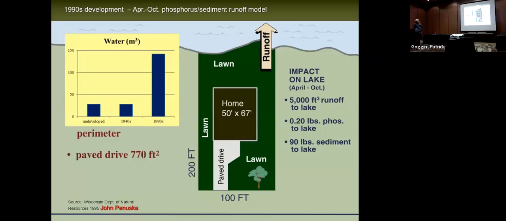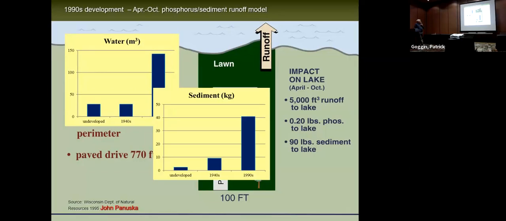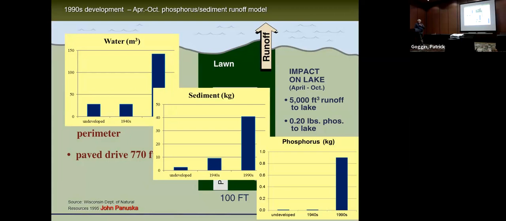As far as water runoff, he found that undeveloped and the cottages in the 1940s didn't really change it, but with larger homes and more impervious surfaces, we get a lot more runoff. We get a lot more sediment coming in. It increased some with early cottages, but it's really increased a lot with more shoreland development. And phosphorus levels running off should be a lot higher now than they were in the 1940s or in undeveloped conditions.